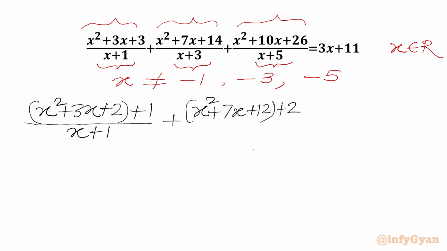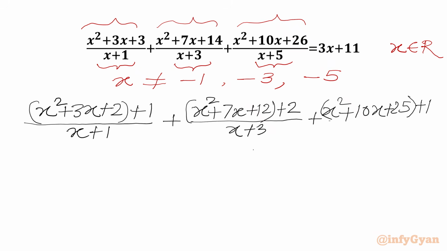So our numerator is x square plus 7x plus 14. The denominator is x plus 3, plus x square plus 10x plus 25, then we'll add 1, and the denominator is x plus 5. RHS is 3x plus 11.